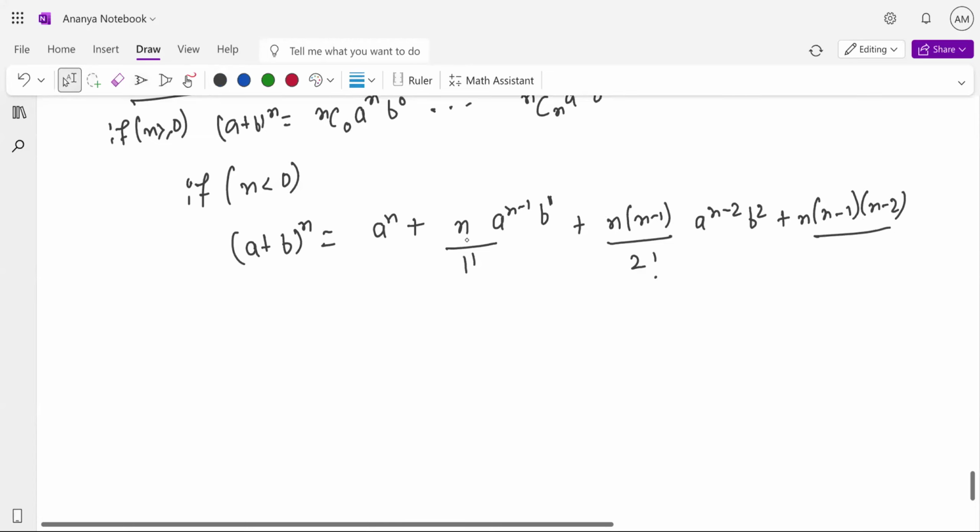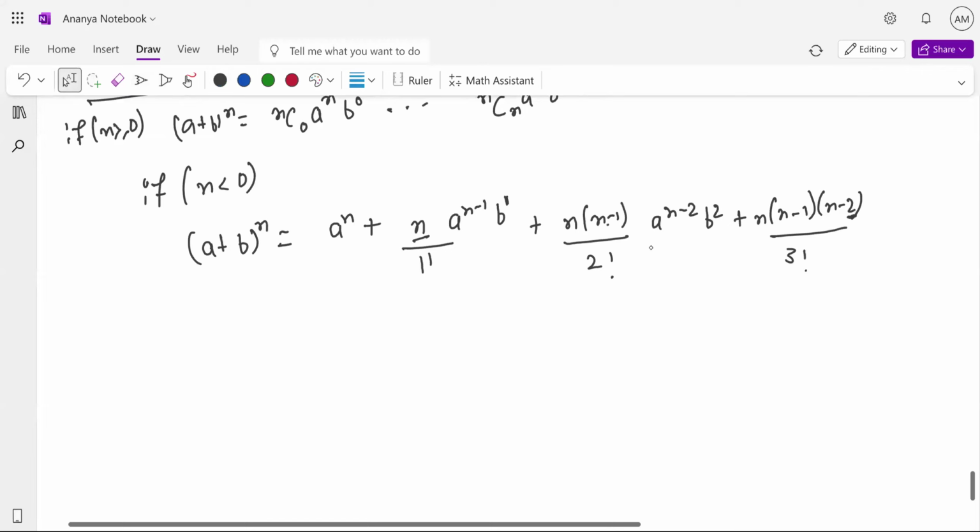Because look, whatever you have taken, just succeed by negative 1, n minus 1, and the power also. So here it will be a to the power n minus 3, b cubed. Is it clear? Yes, sir. Till where can we go?